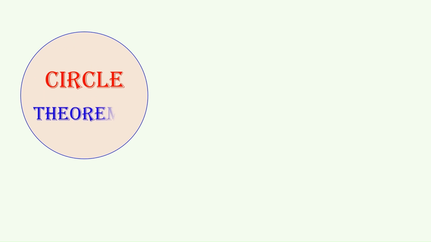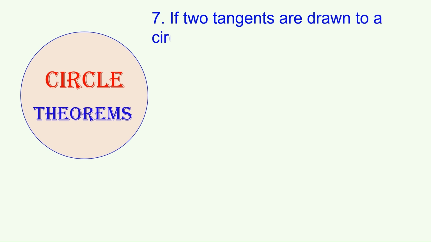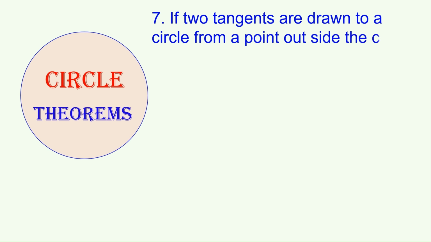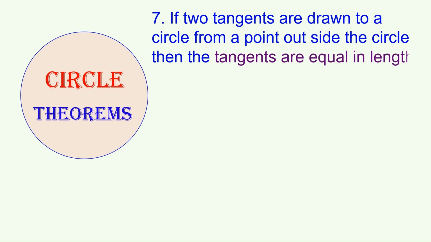Circle theorems. Number 7. If two tangents are drawn to a circle from a point outside the circle, then both the tangents are equal in length.